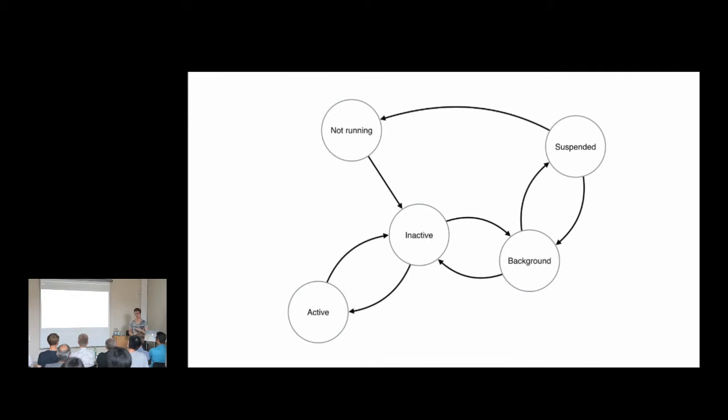And also, if you try and transition to a state that you can't transition to, it will fail. And when you transition to a state, the state you're transitioning from will be notified that you're leaving it, and the other one will be notified that you are entering it.